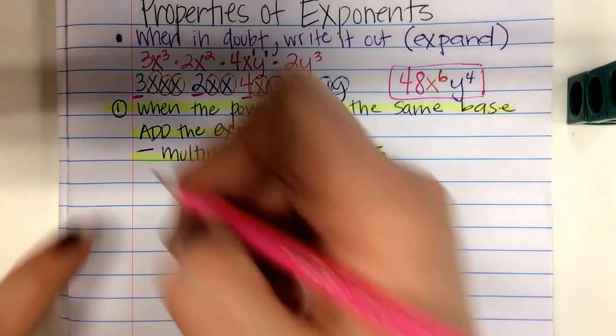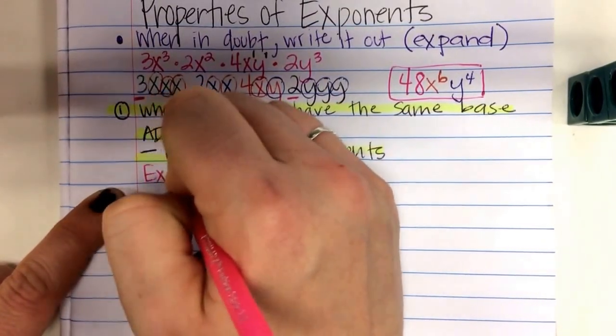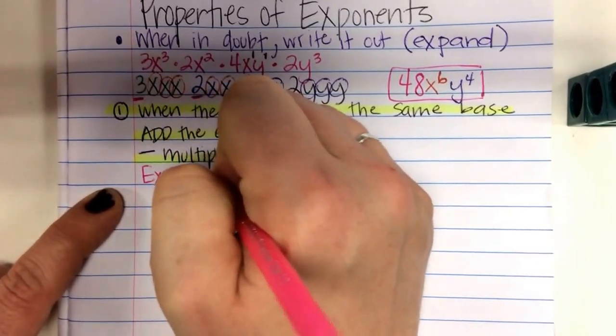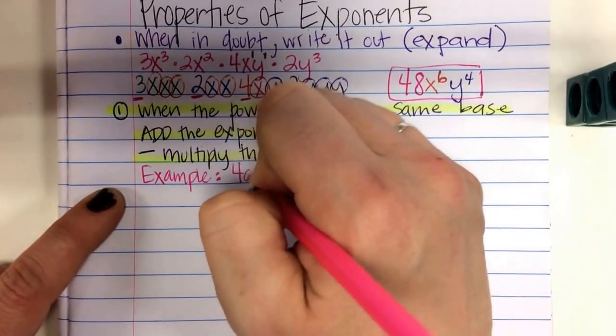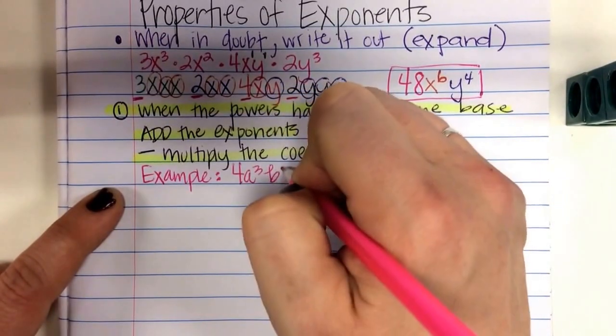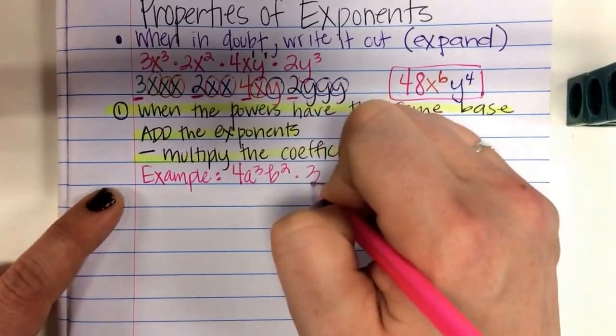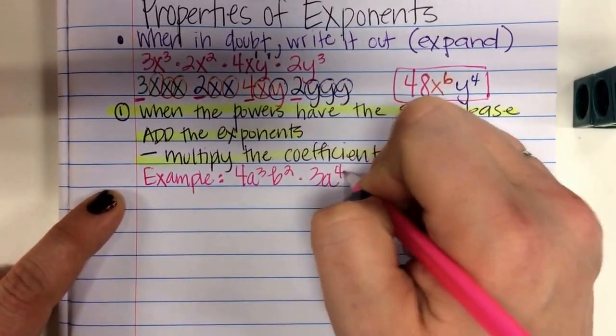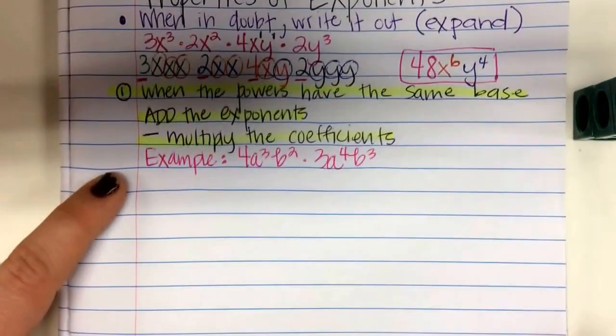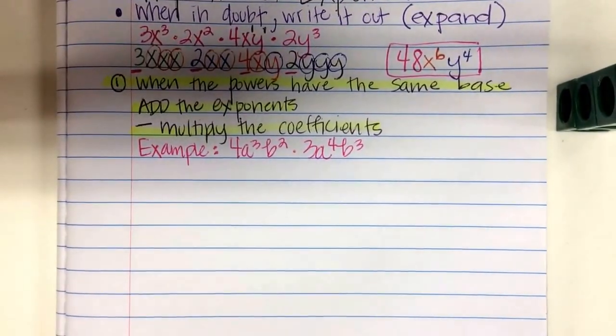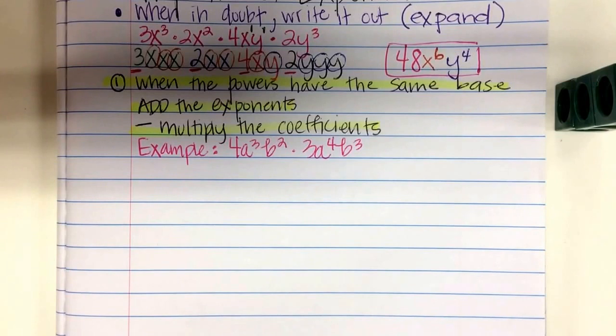So I want you to try one on your own. See if you can do it. Try that problem: 4a to the third b squared times 3a to the fourth b to the third.